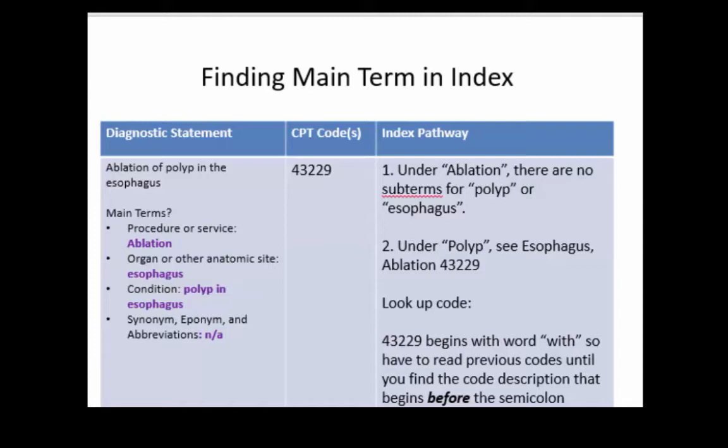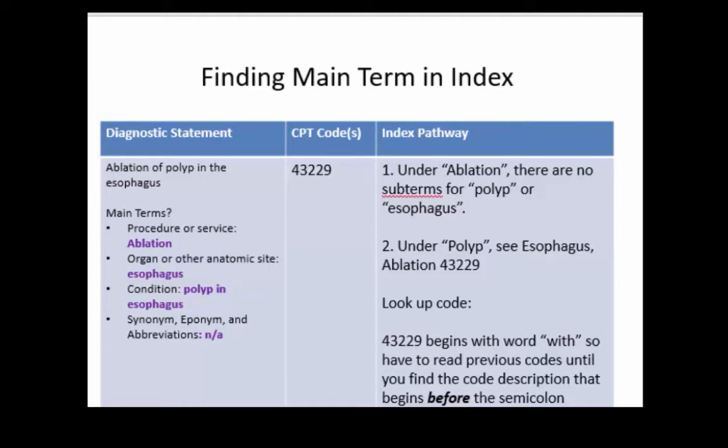So when you go to look up that code that's given, that 43229, that code description begins with the word with, meaning that it is tied back to some code description in previous codes before the semicolon.